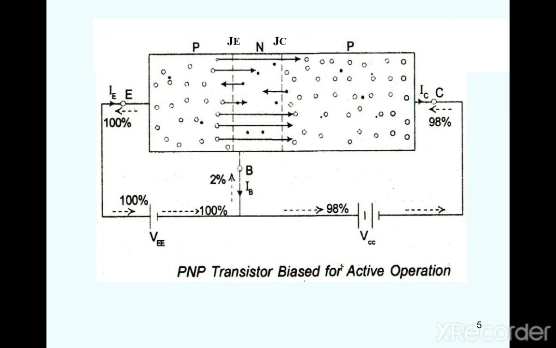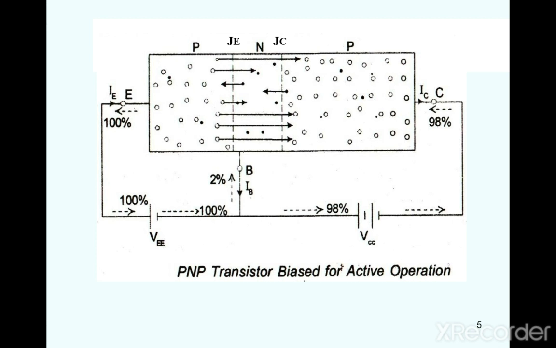The current in the emitter is called IE. The current in the base is IB. The current in the collector is IC. When we are giving bias to this transistor, emitter and base are connected in forward biased mode, whereas base and collector are connected in reverse biased mode.